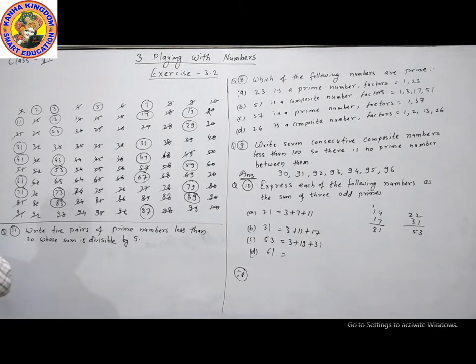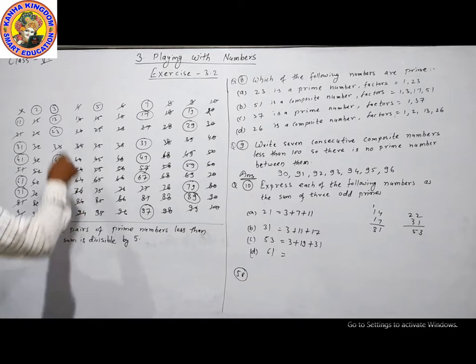This is 50. No, we cannot make 58 by these. So we will move to our next digit.